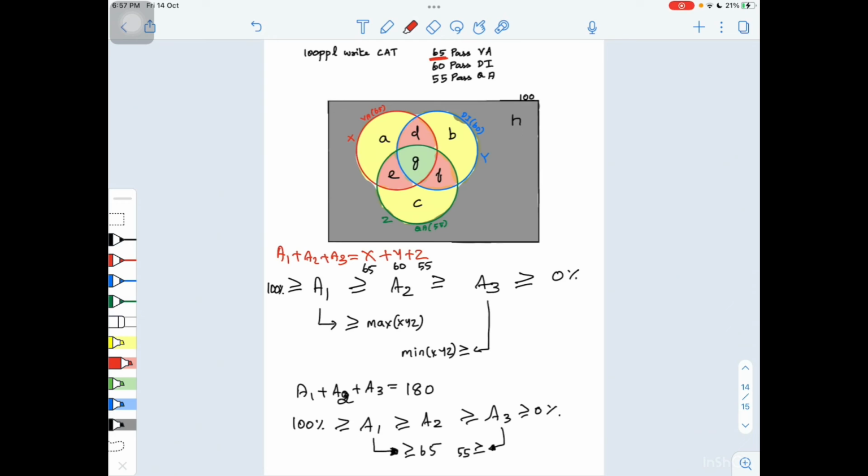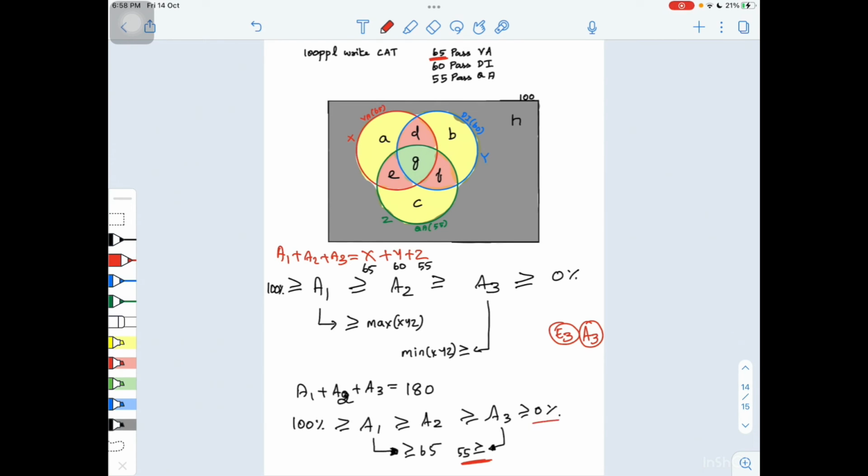Question number 1. What is the maximum value of at least three region or exactly three region? At least three region or exactly three region, because when there are three Venn diagrams, whether you say exactly three region or at least three region, both are the same. What is the maximum value of at least three region? We know that this limit is 55.